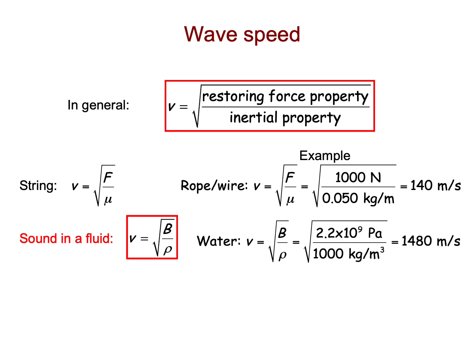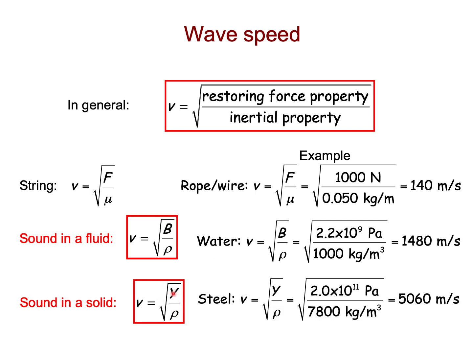And to plug in, for example, the parameters for water, what we end up getting is that the speed of sound in water is about 1480 meters per second. And in a solid, instead of the bulk modulus, we use something called Young's modulus. And so for steel, if we calculate it, sound travels at 5,060 meters per second, which is quite fast.